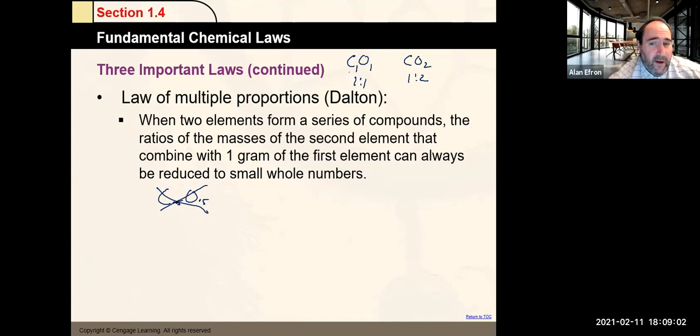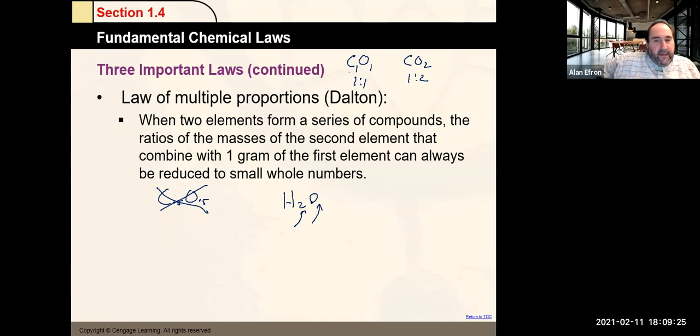And that's why when we write things like chemical formulas, and we write those subscripts like H2O, these numbers on the bottom should always be whole numbers. You will never get a third of an atom or half an atom coming together.